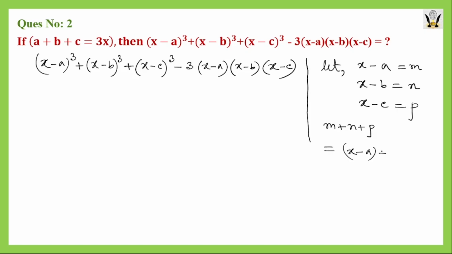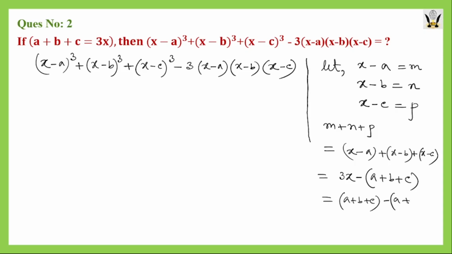Yes, that will be 0, because when we add them, it will be 3x minus a minus b minus c. If we take minus 1 common, it will be 3x minus the bracket a plus b plus c, and 3x is equal to a plus b plus c, so those two terms will cancel each other and the final value will be 0.